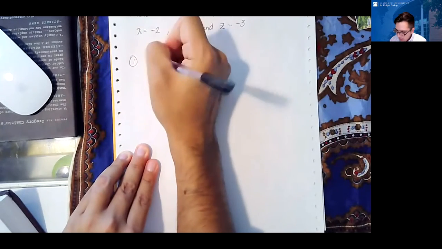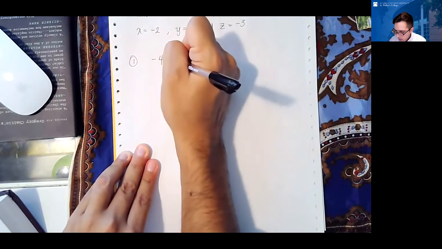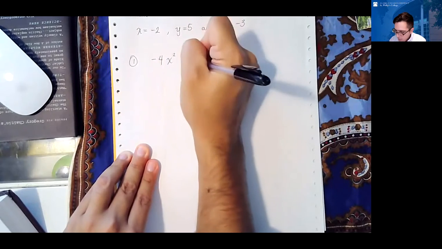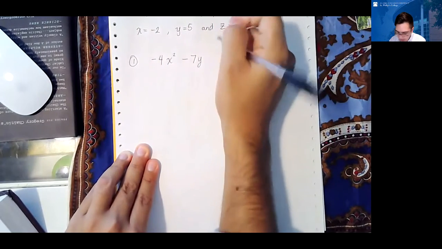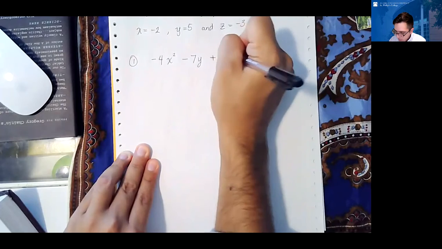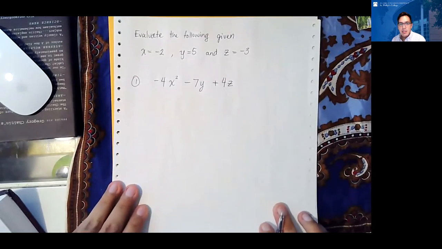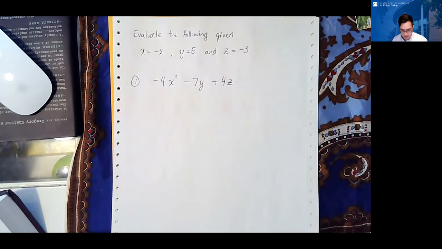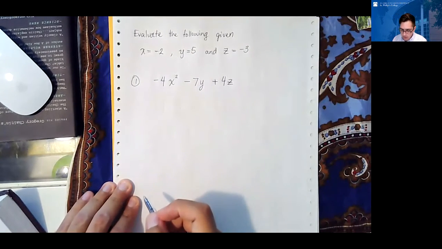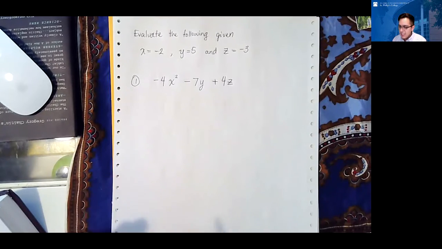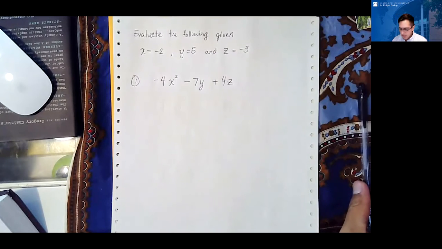The first one is negative 4x squared minus 7y plus 4z. Take a moment to evaluate the expression given these values for the variables and see what we come up with.